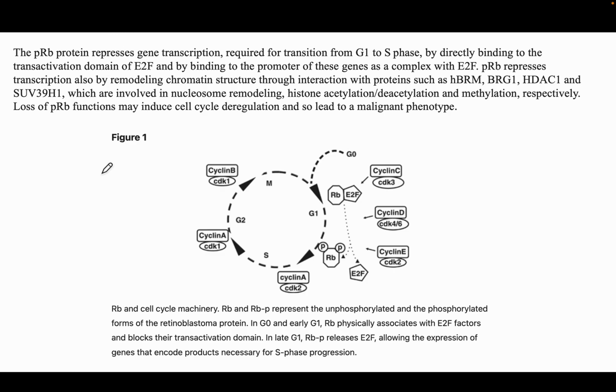So what happens when the pRB protein represses gene transcription? It represses the transcription of those genes which are required for transition from G1 to S phase. How do they do it? They directly bind with the transactivation domain of E2F and by binding to the promoter of those genes.